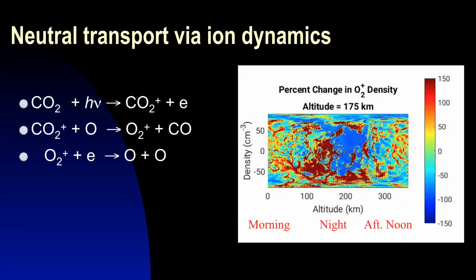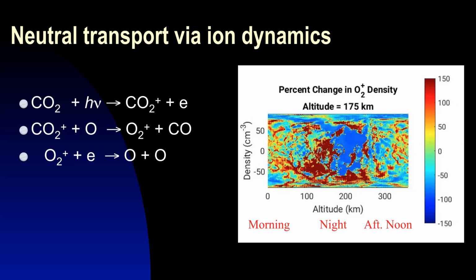Ions also affect the neutral atmosphere via transport. So you can start with a neutral CO2. It becomes ionized. It then gets moved by electric and magnetic fields to another location in the ionosphere where it can interact with the neutrals there.